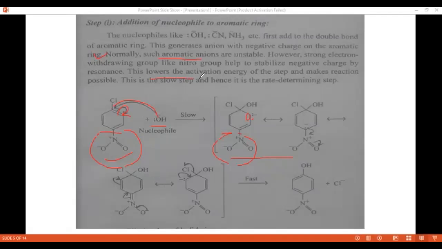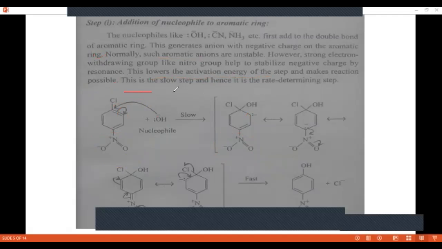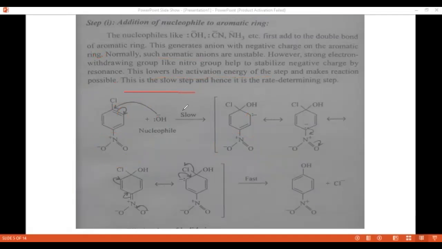This lowers the activation energy of the step and makes the reaction possible. This is a slow step, and hence it is the rate determining step.